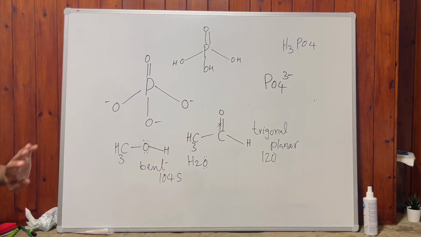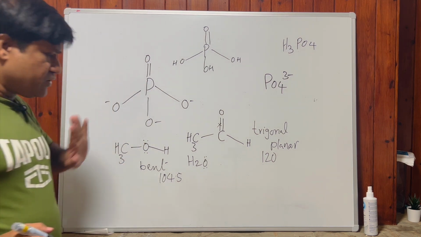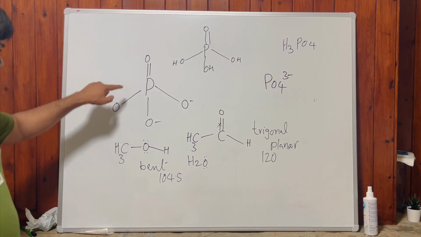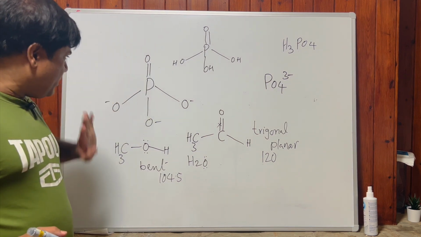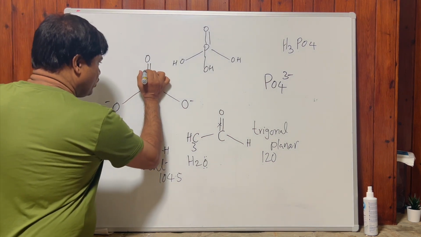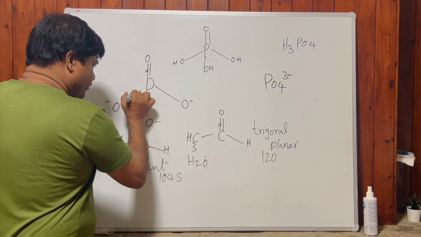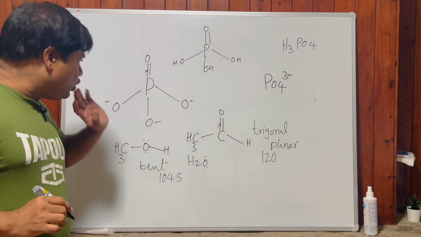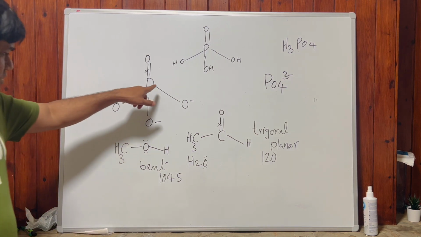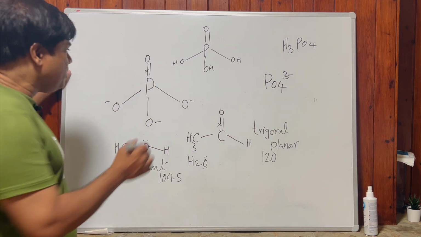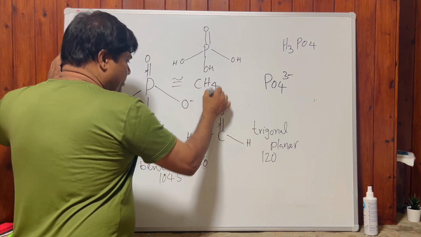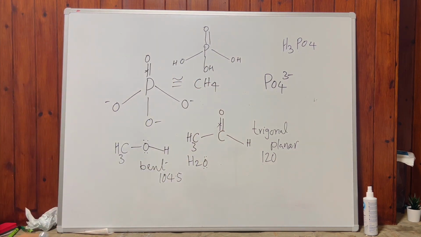There will be no negative charge on the central atom, guys. The central atom is phosphorus, having 4 bonded pairs of electrons. Even if you ignore the pi bond, 1, 2, 3, 4, 4 bonded pairs of electrons and no lone pair. So it's structurally similar to the methane molecule. 4 bonded pairs of electrons, no lone pair.